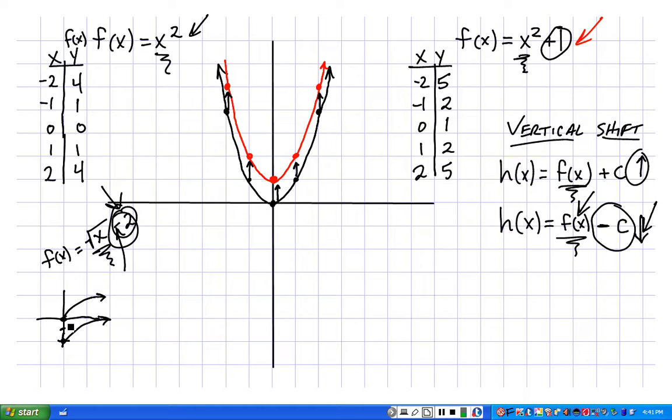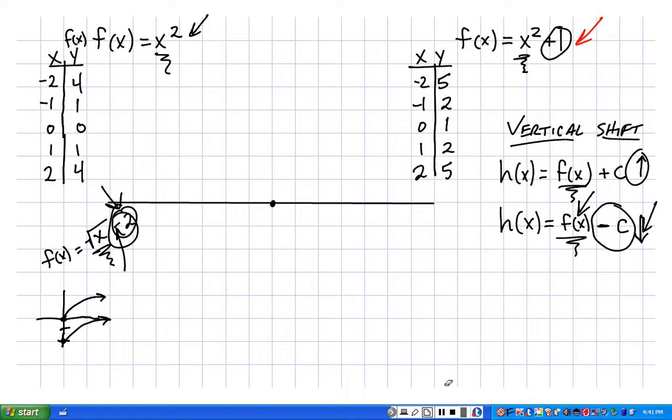Okay, so to give you a better view, and this will be in just general terms, let's do even better and plug in a couple of points.